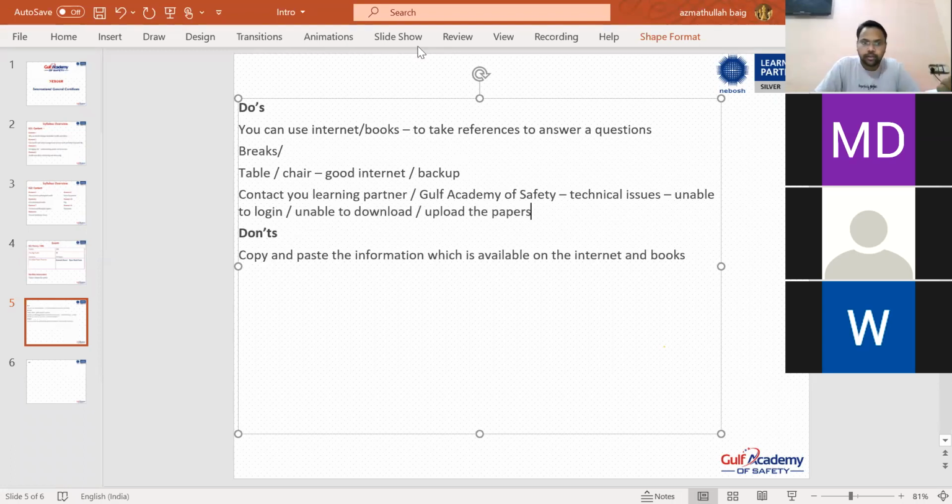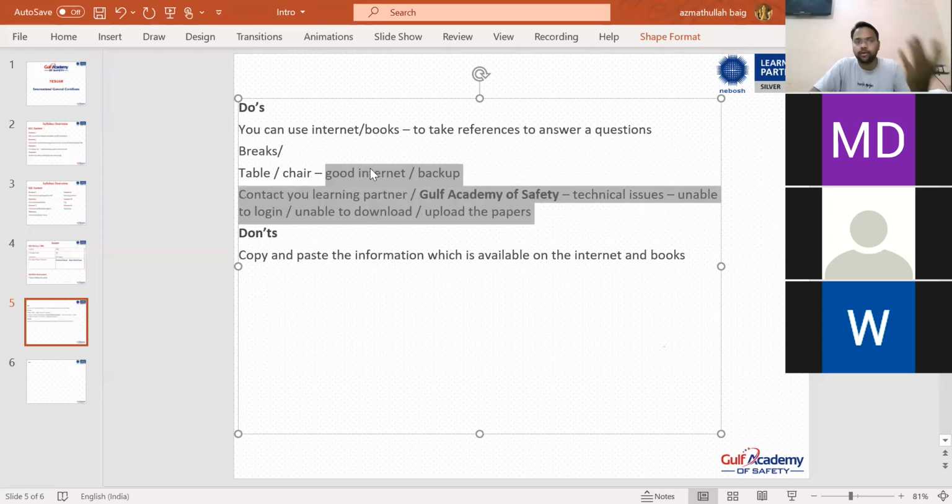When you have technical difficulties, you can contact them. So these are the do's which you can do.